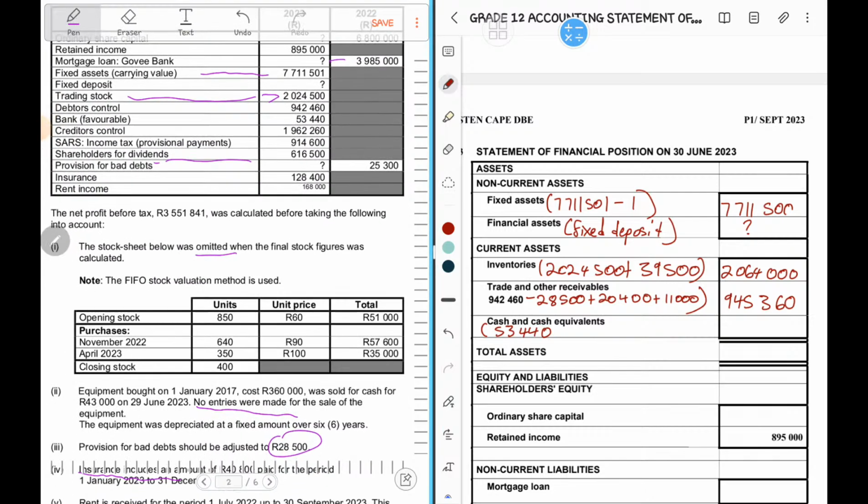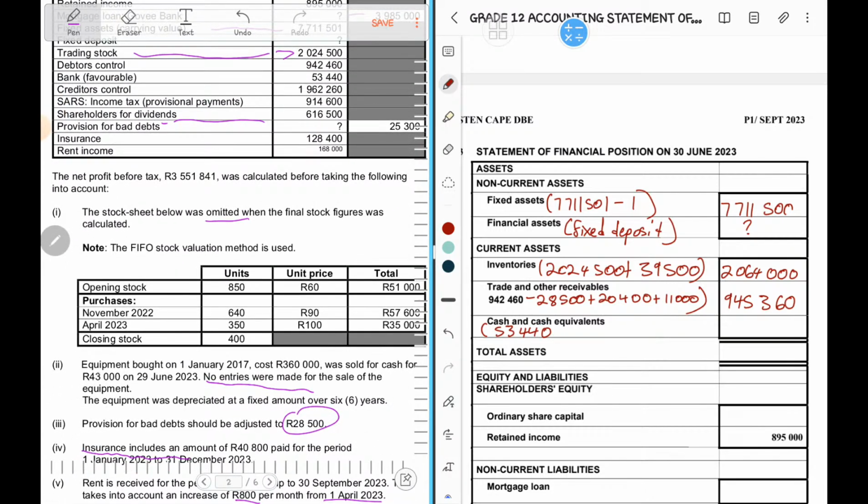Okay, then let's not forget the 43,000 that was received at the time they were selling this equipment, and we're told that this was not recorded. So this would increase our bank, meaning that our cash and cash equivalents are to increase by 43,000.